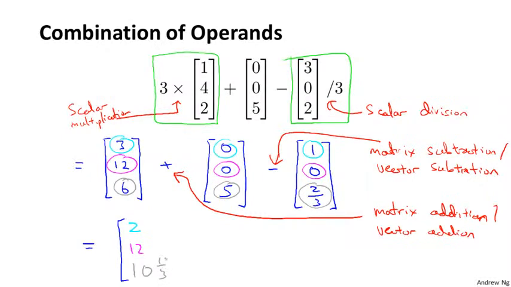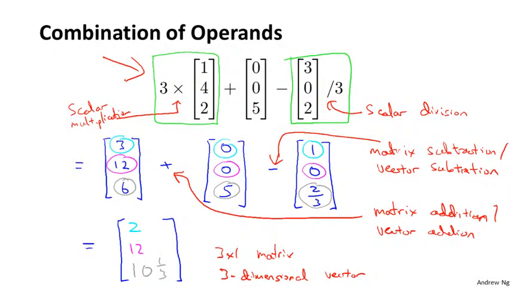I'm going to close my square bracket. And so this gives me a 3 by 1 matrix, which is also just called a 3-dimensional vector, which is the outcome of this calculation. So that's how you add and subtract matrices and vectors and multiply them by scalars, or by real numbers.